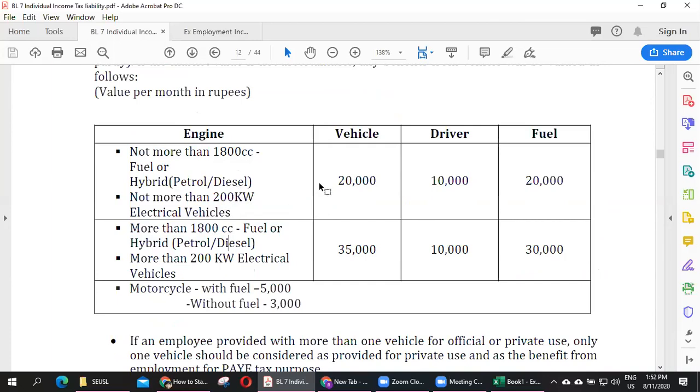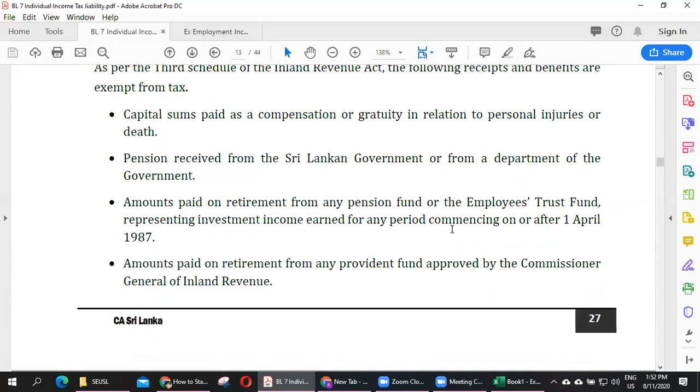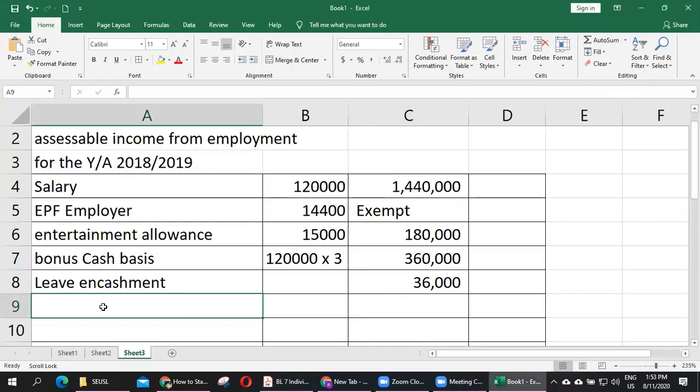First row, good. We have to deal with the first row. He has been provided with the 1800 cc car for his official and private use with fuel and driver. This is important: fuel and driver. So we have to consider those three as vehicle benefit.